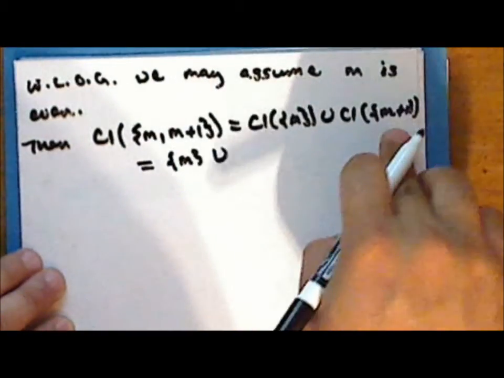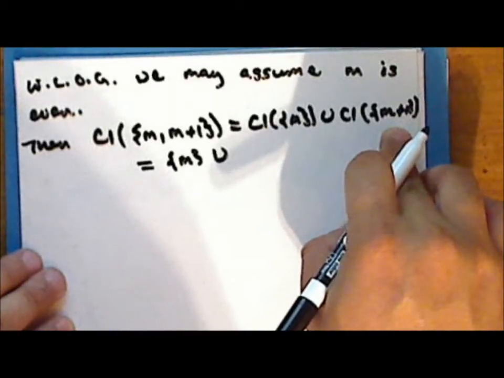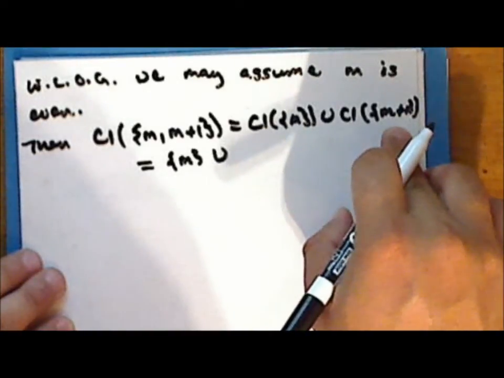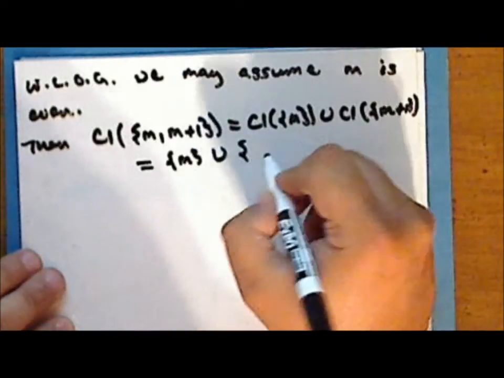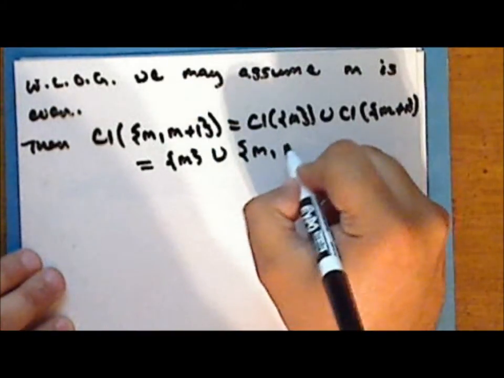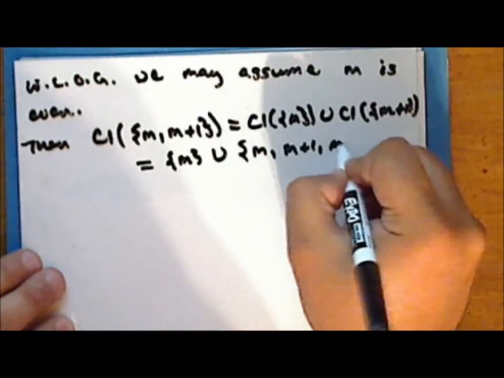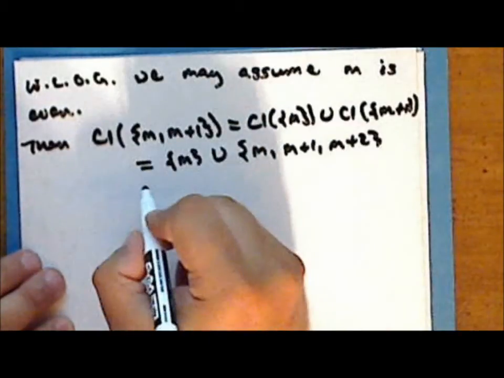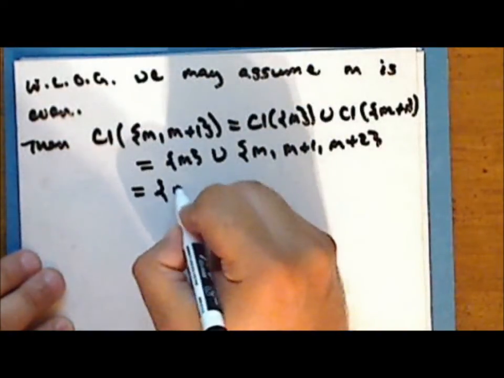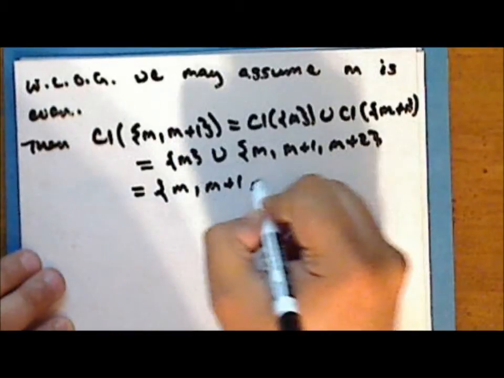And as the integer m plus 1 is odd, the closure of the singleton containing that odd integer is the 3-point set containing m, m plus 1, and m plus 2. And so this union is the 3-point set m, m plus 1, m plus 2.